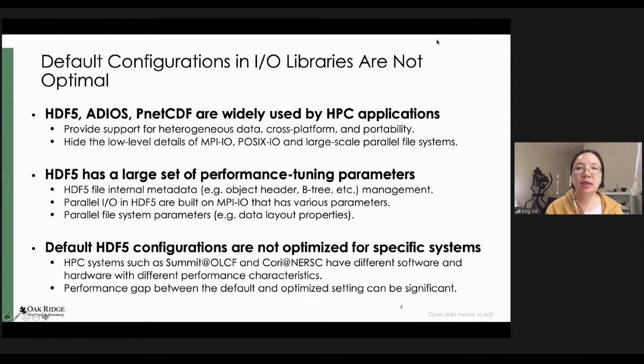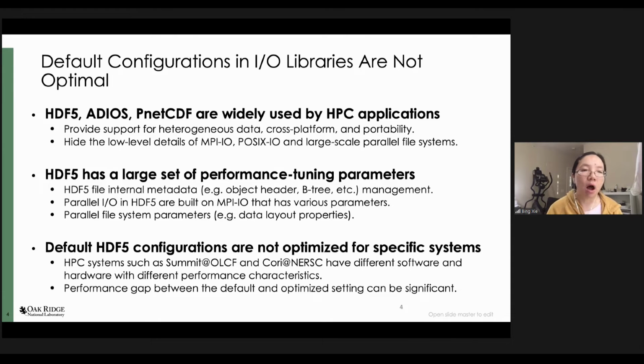So the default configurations in I/O libraries are obviously far from optimal. HDF5, ADIOS, and PnetCDF are widely used by HPC applications. They provide support for heterogeneous data, cross-platform services, and high portability.